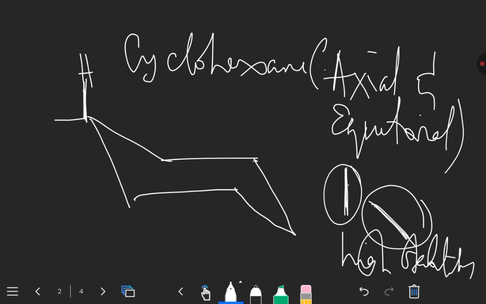So we need to understand that. So that is axial. Then equatorial must be this bond. So equatorial will be that bond. So axial. Then we have equatorial.